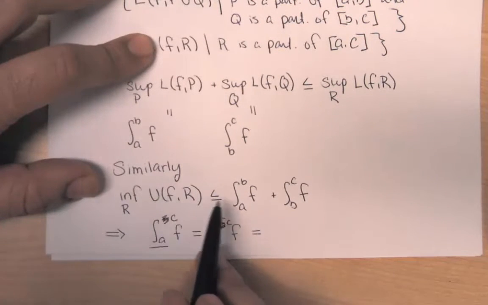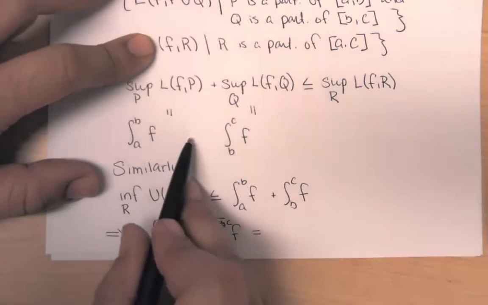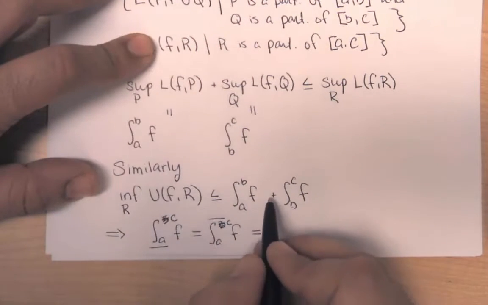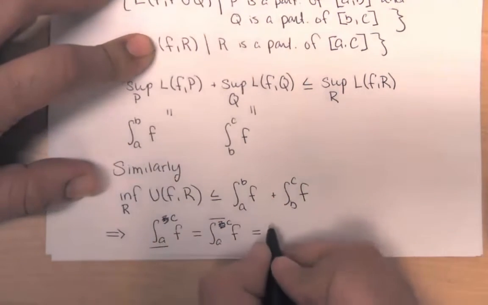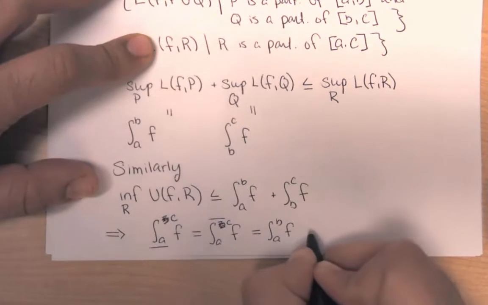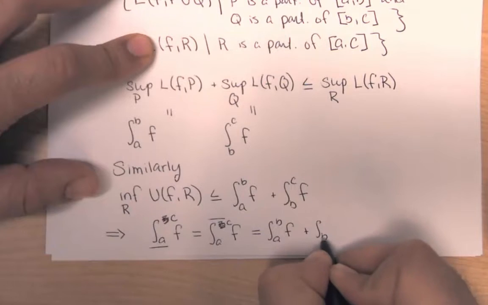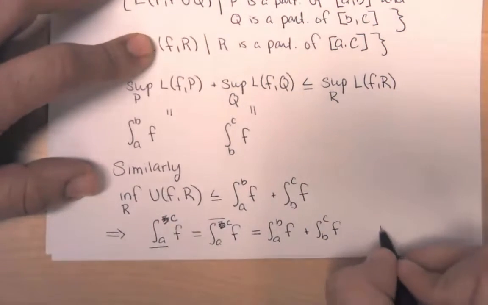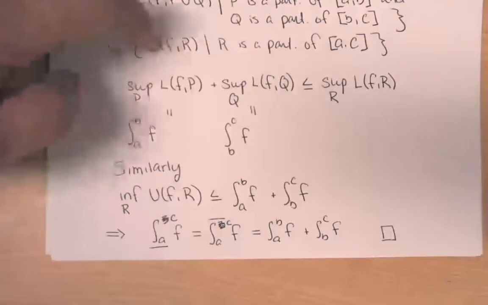And because they're bounded above and below by the same thing, they must be equal to that bound, which is the integral from A to B plus the integral from B to C of f. And we have proven our result.